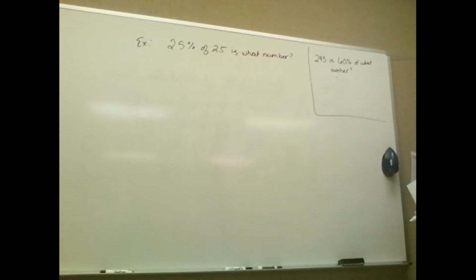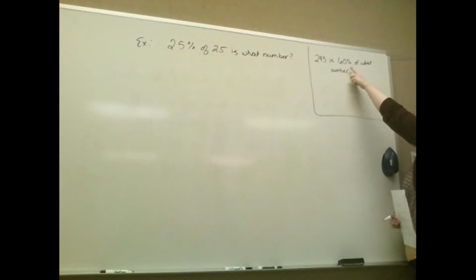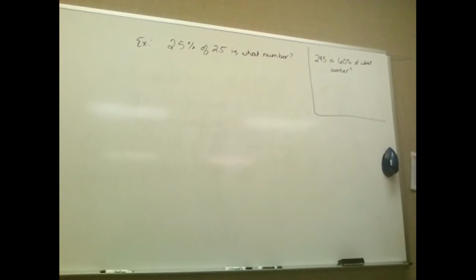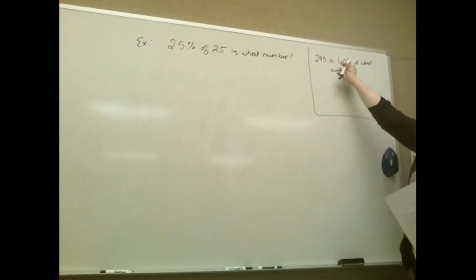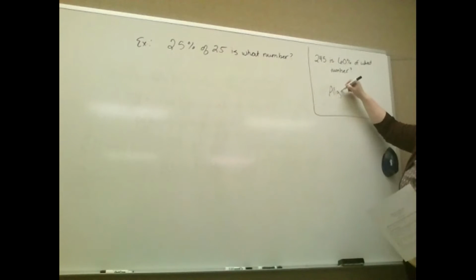All right, I want to show you the difference in how these problems are worded. These are the ones we just solved with the algebra equation. 245 is 60% of what number? So we have number, then percent. If you have number, then percent, the algebra.